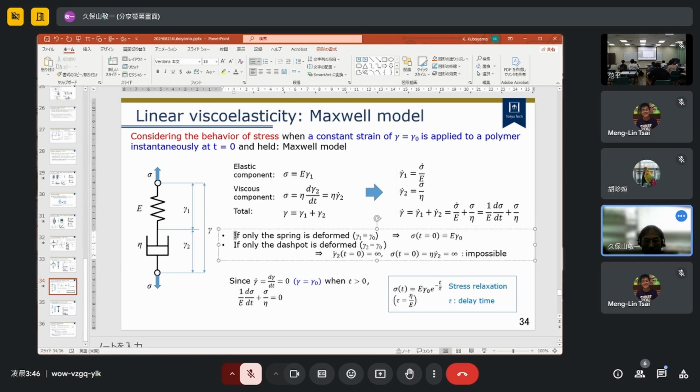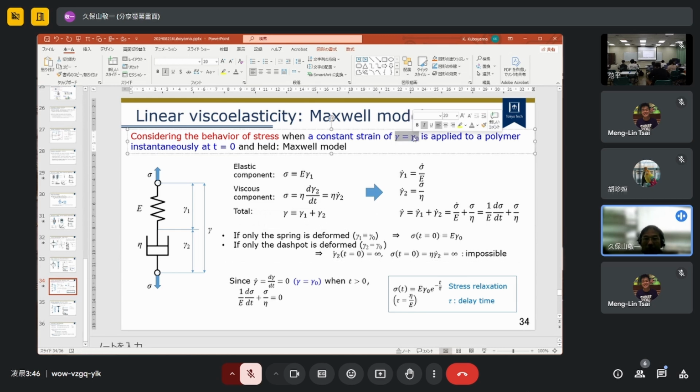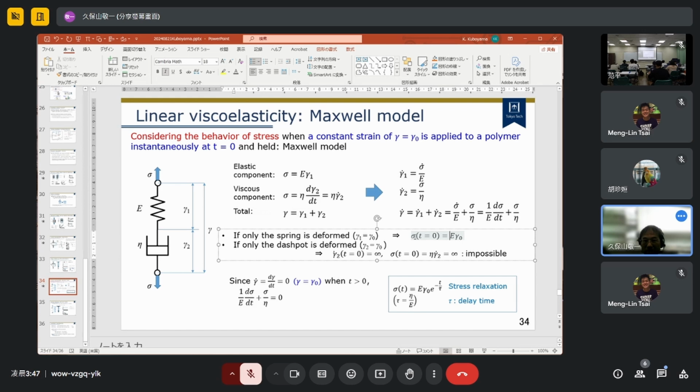Now we apply a constant strain at time 0, instantaneously. That means that only the spring deforms. The spring can deform when you apply the constant strain. So the stress becomes like this.